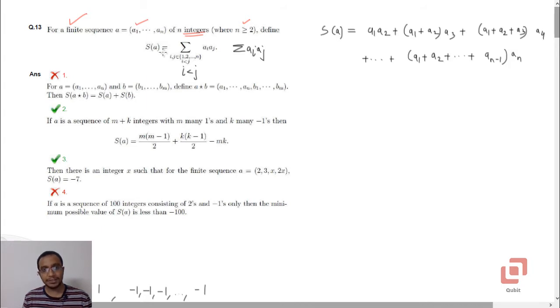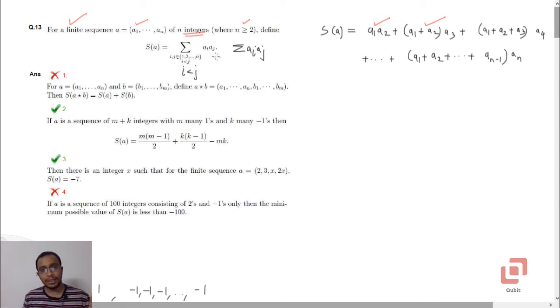So the first term in SA is going to be a1 into a2. The second term is going to involve a3. This j will now become 3, and you are supposed to multiply this a3 by a1 and a2. So it will be a1 into a3 plus a2 into a3. Next, j will become 4.